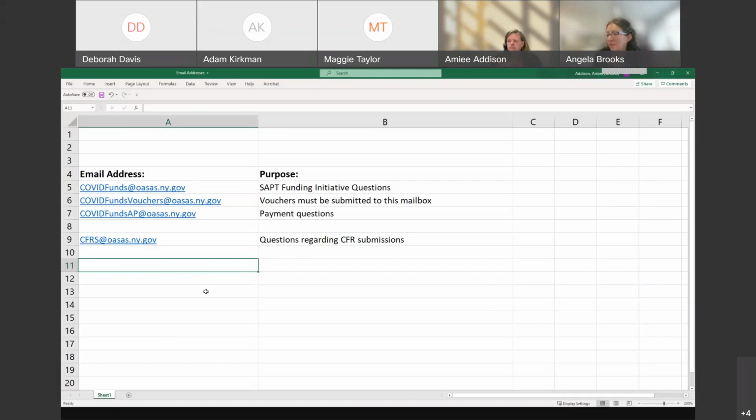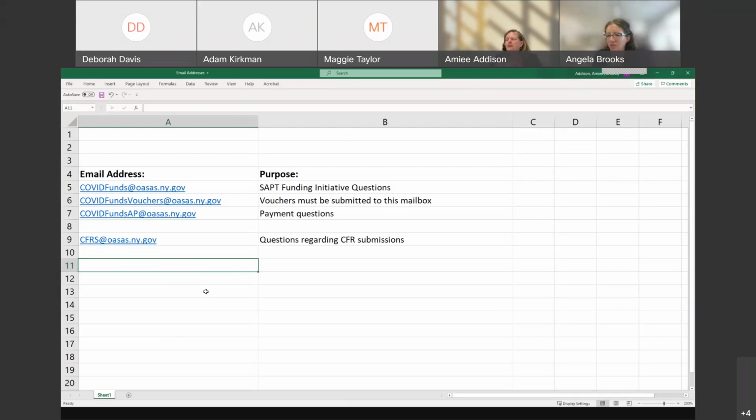Is it required to submit a monthly claim, or can we submit one final claim? We don't recommend one final claim in case there's issues. I would suggest submitting at least a few. And the next question is the payment?